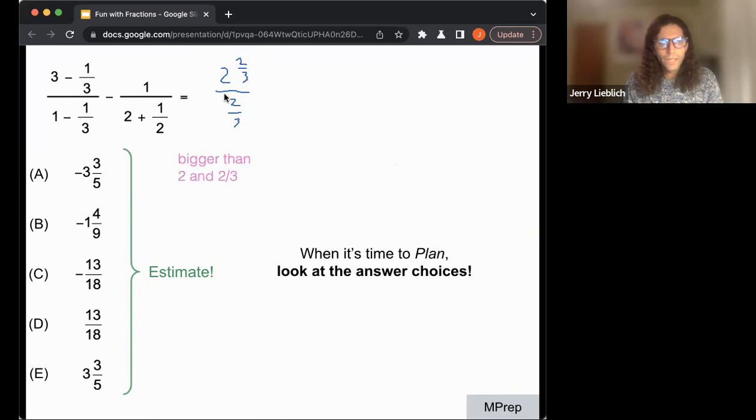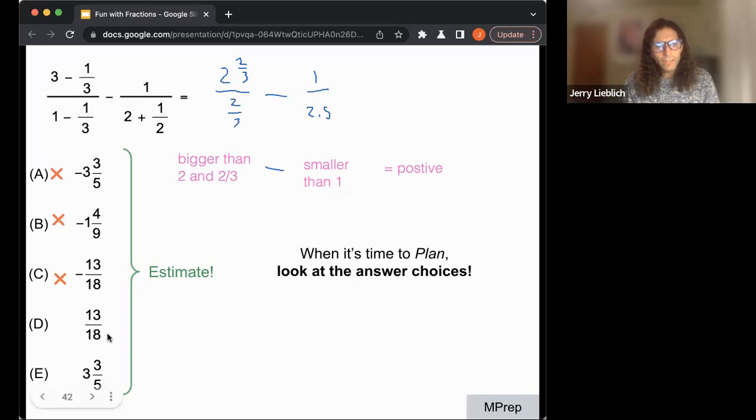Now, what am I subtracting here? 1 over 2.5. 2.5 is greater than 1. So this is something bigger than 2 2/3 minus something smaller than 1. That already tells me it's not going to be negative. So I can get rid of A, B, and C.